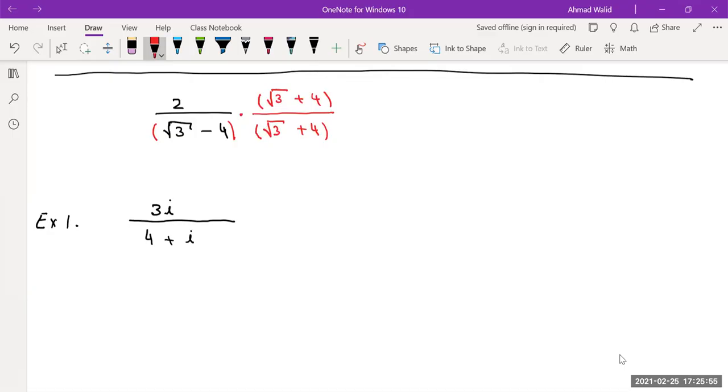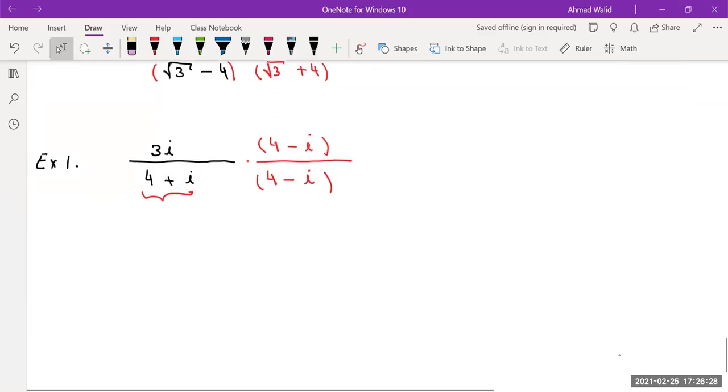My first step is to look at my denominator and multiply the numerator and denominator by the conjugate of the denominator. The conjugate of the denominator is 4 minus i. And I will multiply the same number in the top, 4 minus i. Correct? That's your step 1.